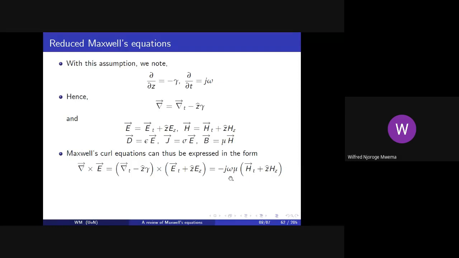So it's minus j omega mu into the transverse magnetic field intensity plus the axial field intensity Hz. And on the other side, of course, we are also splitting the del operator into its components.